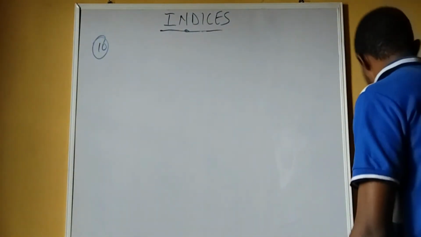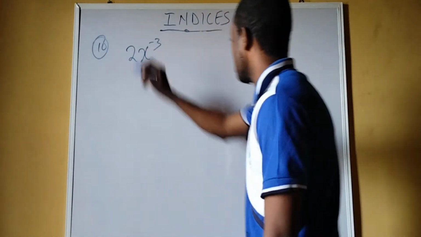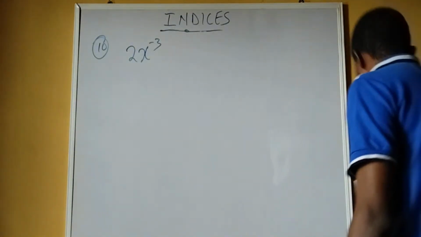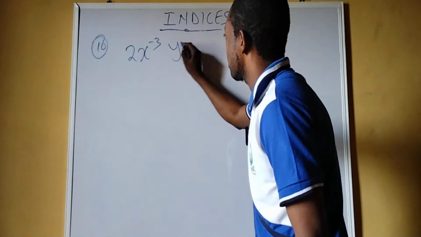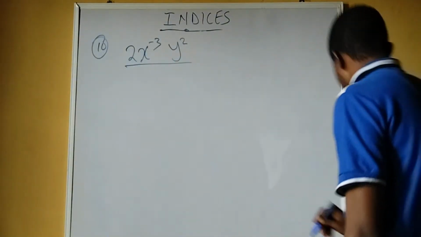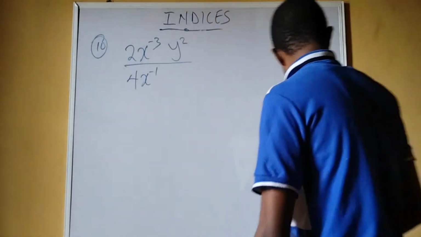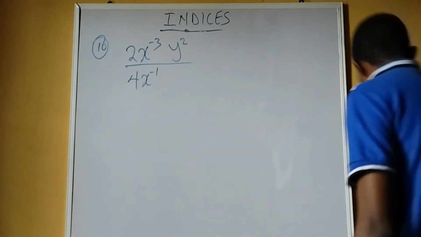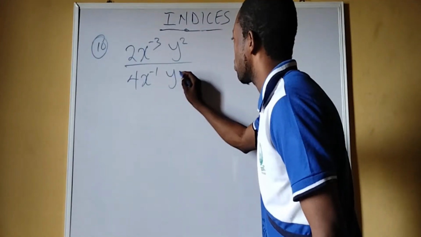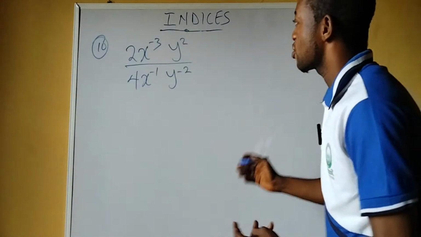You don't want to miss it. 2 raised to power x minus 3, times y squared, over 4 times x raised to power minus 1, then times y raised to power minus 2. Okay? Now, let's solve this.